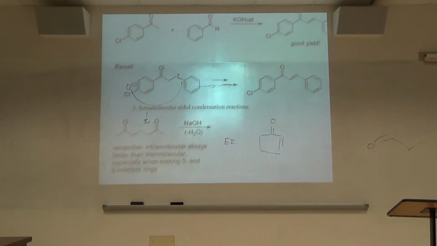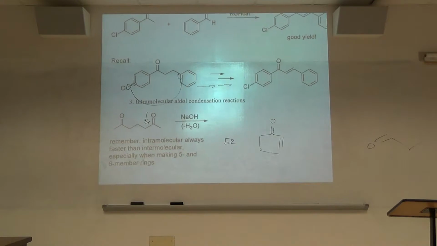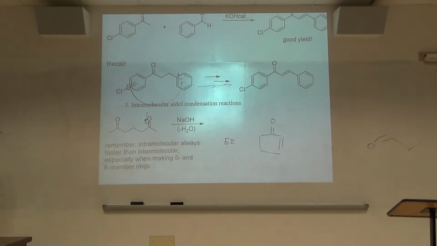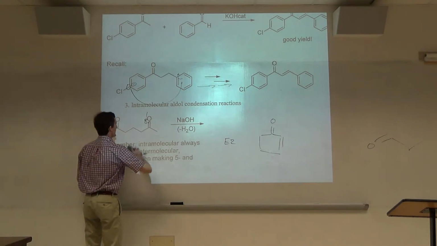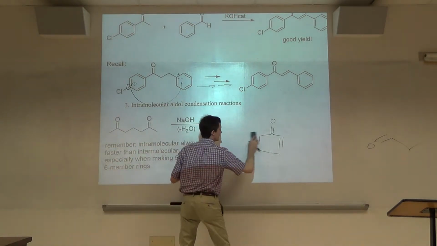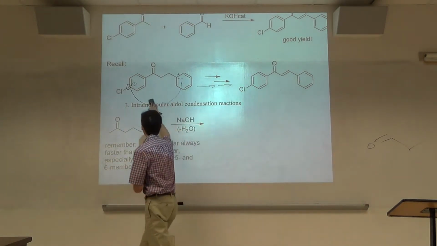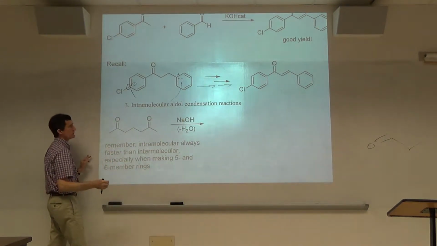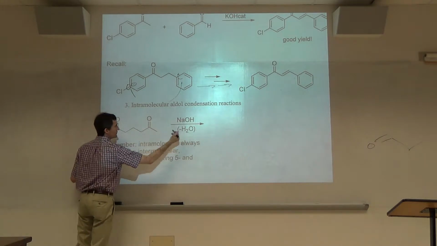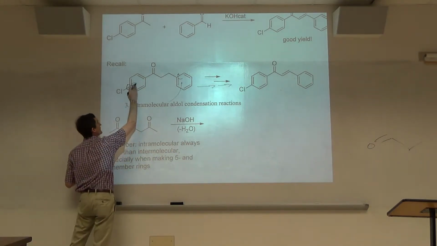Okay, you can also do aldols intramolecular, where you come together and make a ring. If you take this diketone, treat it with sodium hydroxide, it will do an intramolecular aldol and lose water. What size ring will we make?